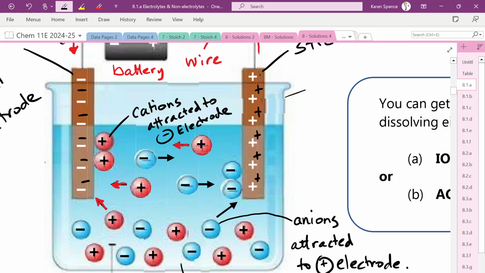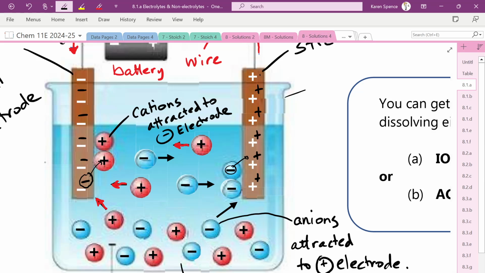We're allowing for these negative ions to move towards the positive and neutralize that, and the positives move toward the negative. Now, to be fair, what really happens at this point is that the extra electrons in here actually don't build up at all. They actually transfer onto the cations and then make them neutral. And these anions over here will actually give their electrons to neutralize those positive charges. But we don't have to worry about that this year.